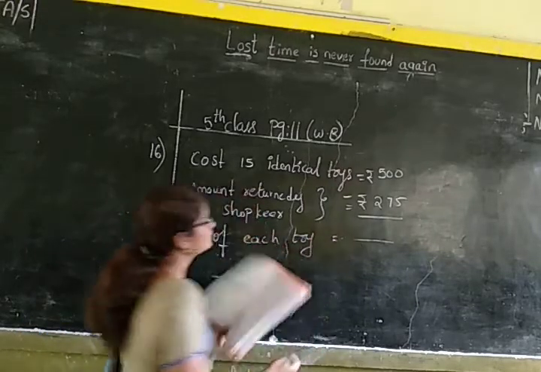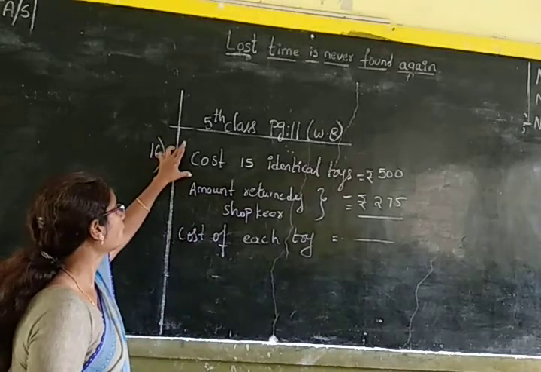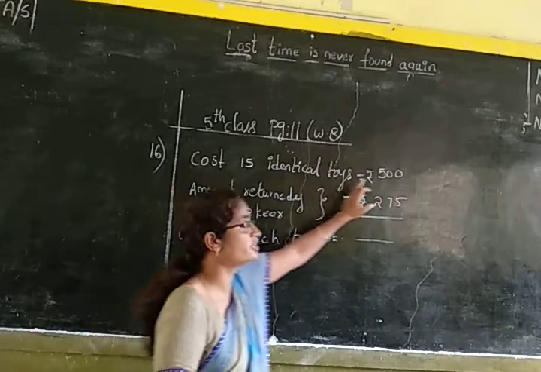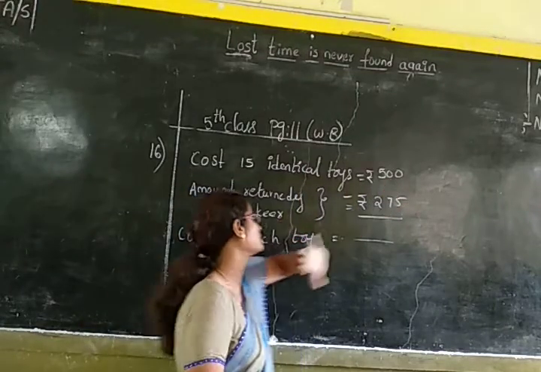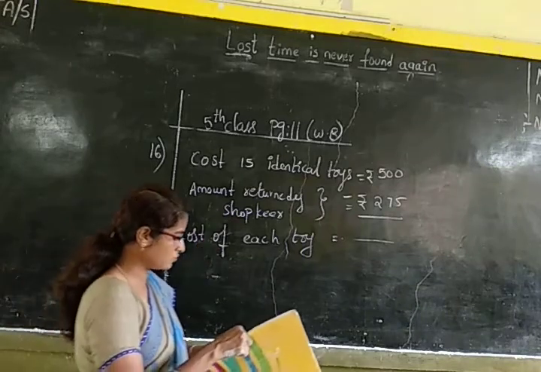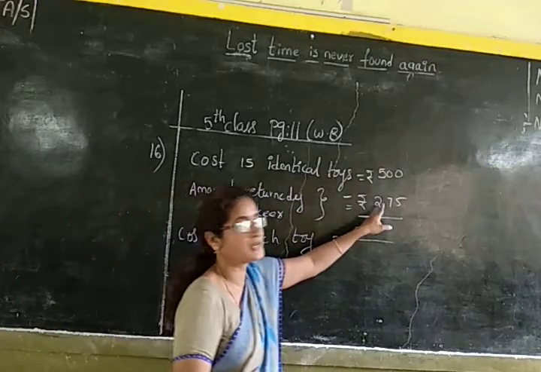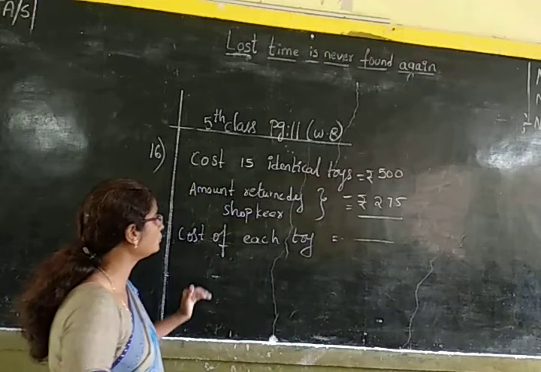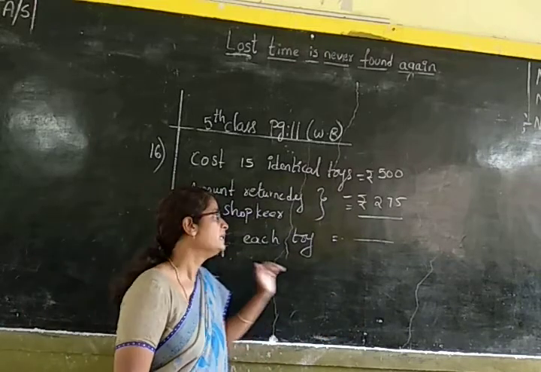Okay, children, let me explain. It is given that the cost of 15 identical toys is 500 rupees. The shopkeeper returned back 275 rupees to Manju. Now what we have to do? We have to find the cost of each toy.